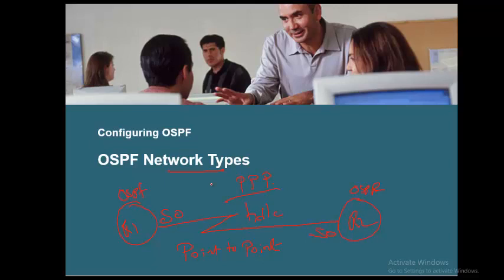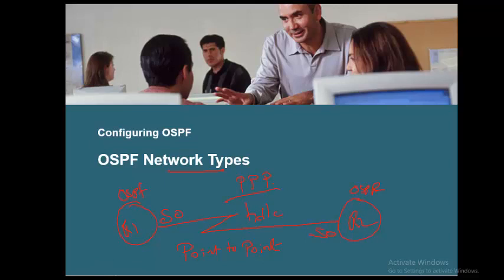In serial, you cannot have more than one neighbor because it's a serial wire. You don't have any switches like you have Ethernet switches. Serial is always a WAN interface, which means point-to-point. So whenever we have Ethernet as encapsulation type, even if you don't have more than one neighbor, the network type is still going to be considered as broadcast.